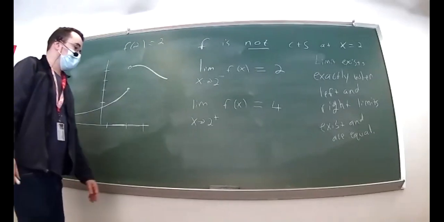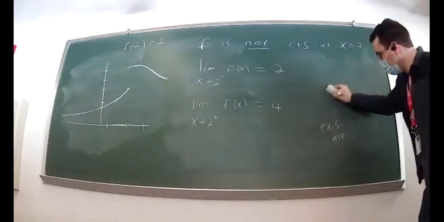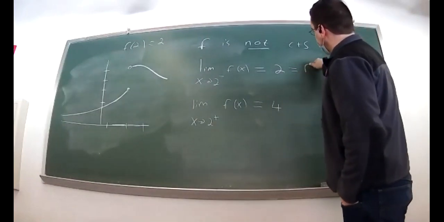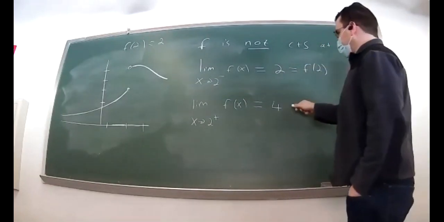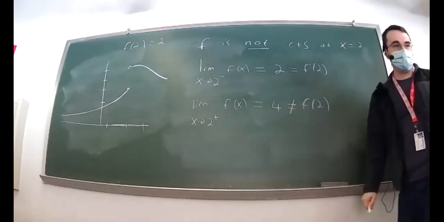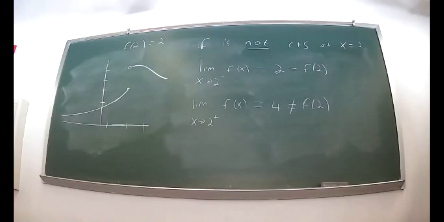And so I'm noticing that the left-hand limit is equal to f of 2, while the right-hand limit is not equal to f of 2.